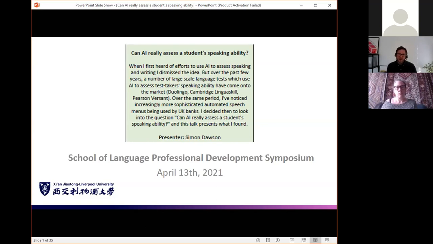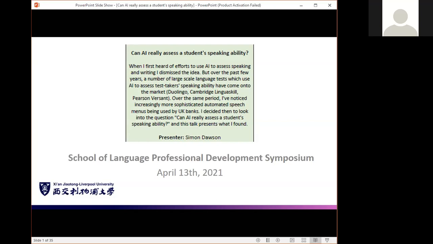But it also took me back to conferences I was going to maybe 10 years ago, where presenters were talking about automated scoring of writing and speaking, and showing lots of statistics to show how it worked, or was getting close to working. I didn't buy it at the time, but things have changed, and I'm open to persuasion.